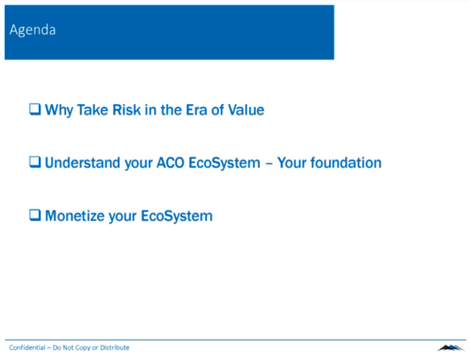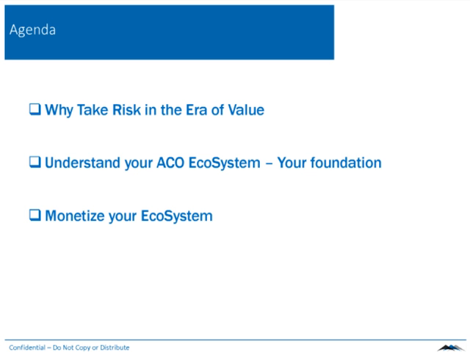So what are we going to cover today? When we talk about making risk less risky, we thought we would cover three main components. First, why take risk? There's a lot of question about, should I take risk? Should I not take risk?